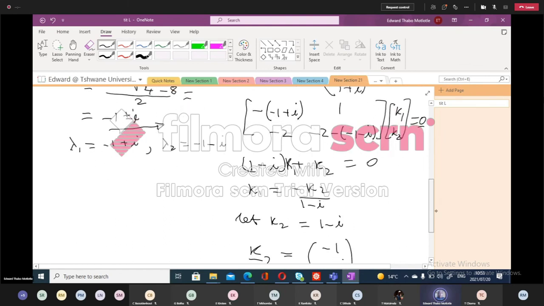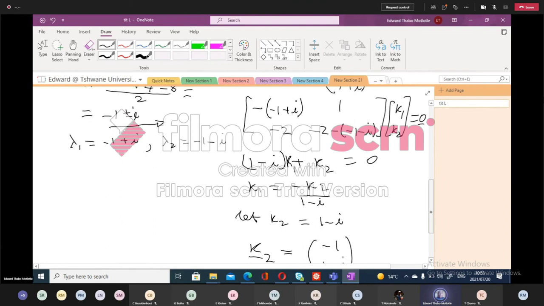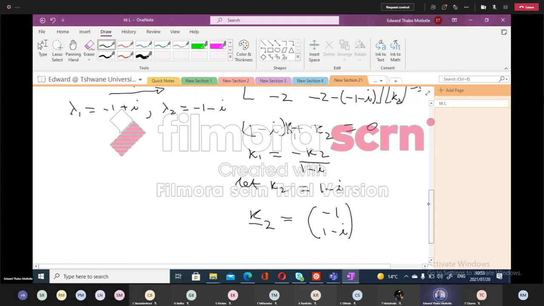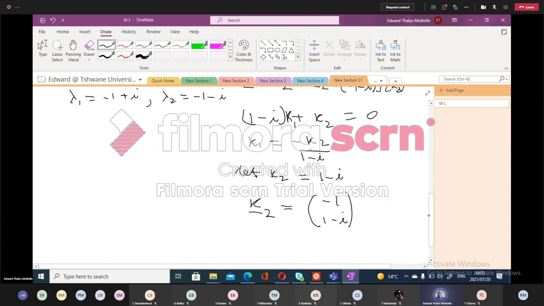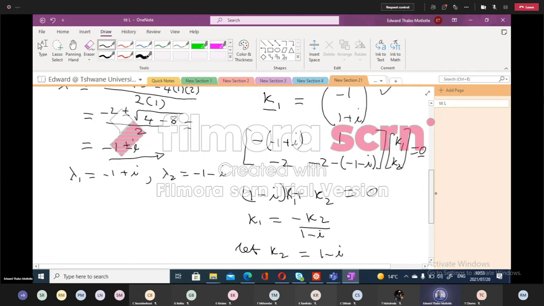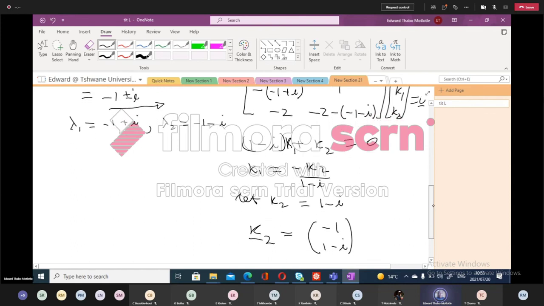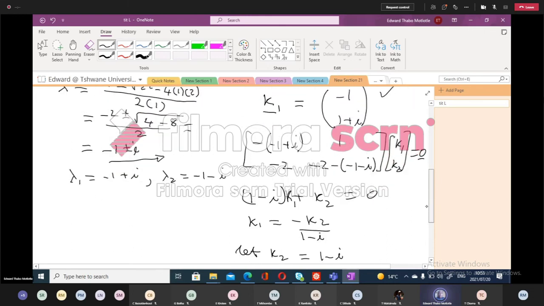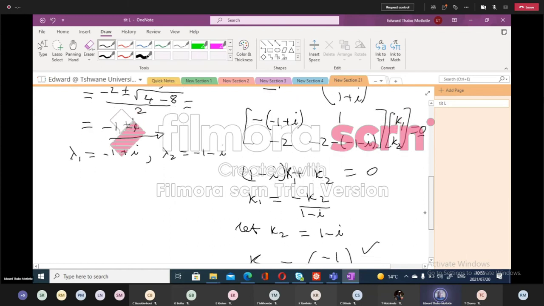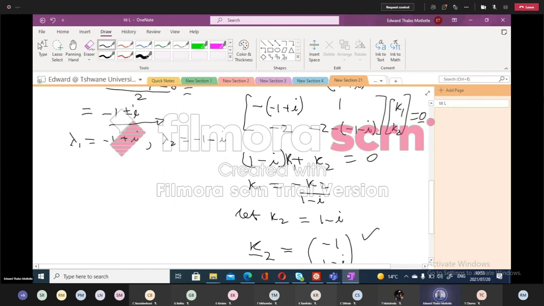So now let's see how they differ. If I multiply the top one by minus 1, let's see what I get. I don't see the difference. Will you help me see the difference between K2 and K1, and check if I've done it correctly?